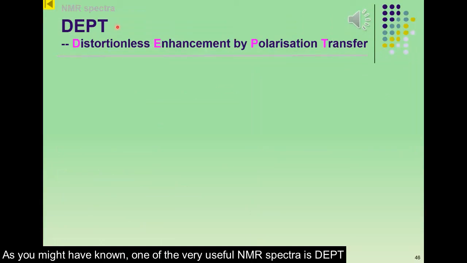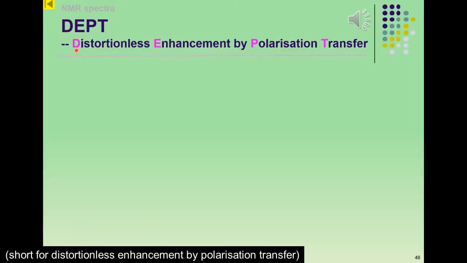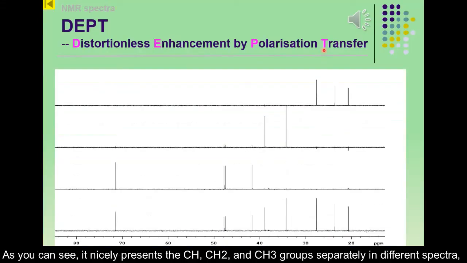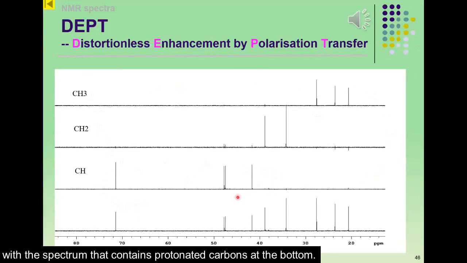As you might have known, one of the very useful NMR spectra is DEPT, short for distortionless enhancement by polarization transfer, which allows us to quickly recognize protonated carbons in different groups. As you can see, it nicely presents the CH, CH2, and CH3 groups separately in different spectra, with a spectrum that contains all protonated carbons at the bottom.